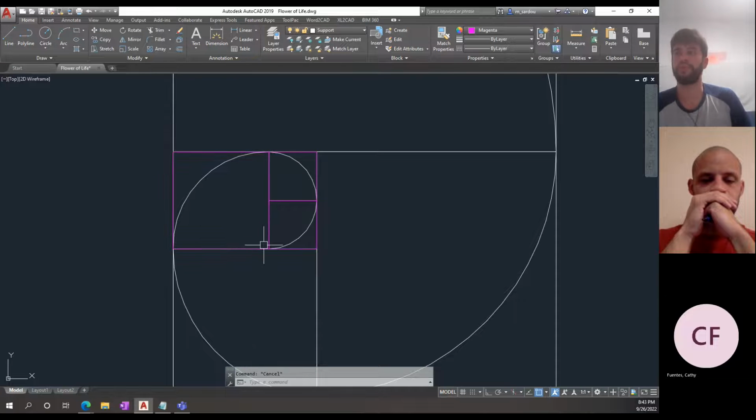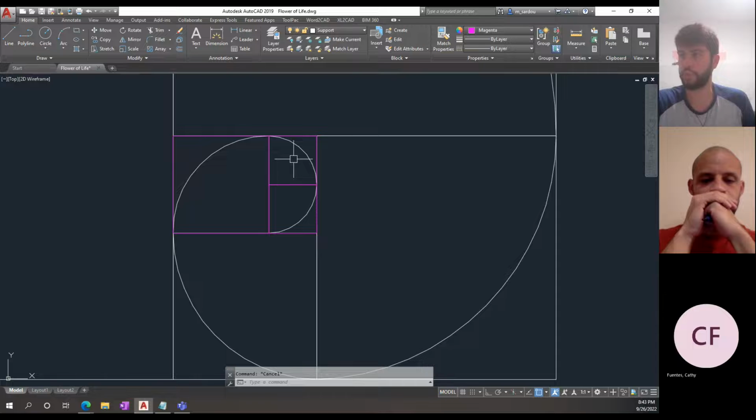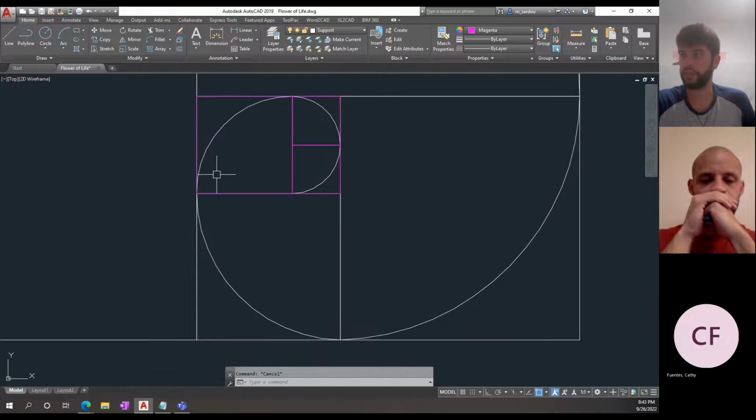And then if you are relating that to numbers, we're gonna get 1 plus 1 equals 2. And then we keep doing that. We're gonna draw another square, and the side of the square will be the sum of the last two, always the sum of the last two.